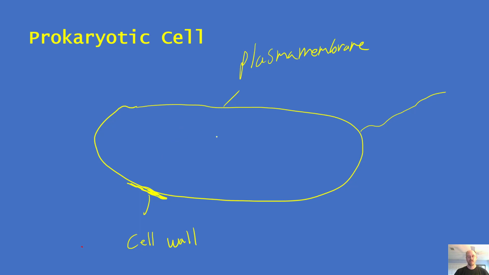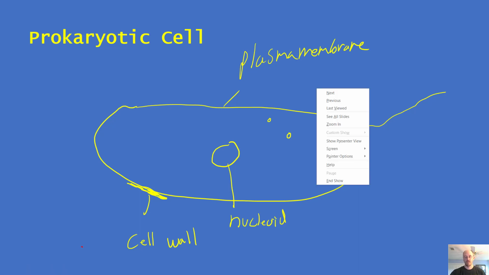All right, inside you're going to have a ring of DNA called the nucleoid. Right? And you might also have smaller structures in there that have DNA as well, like we've talked about in the past, those plasmids.